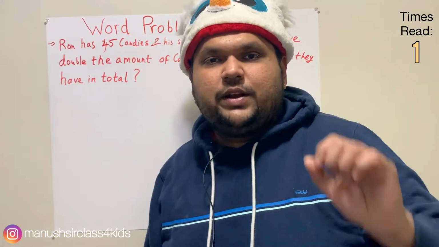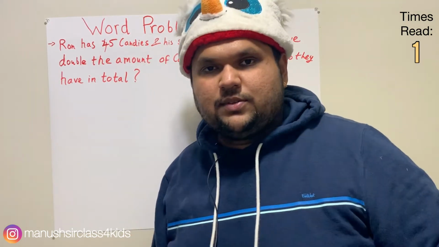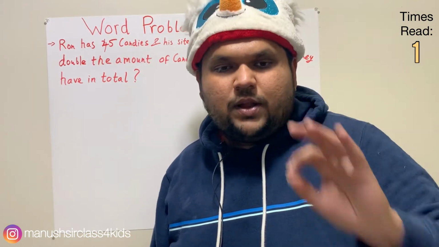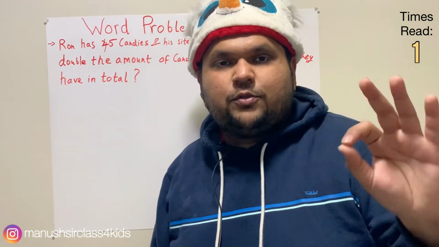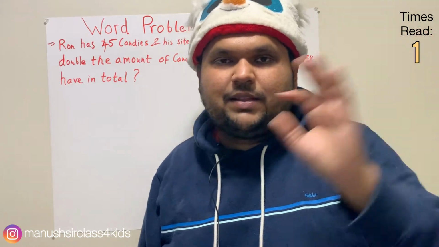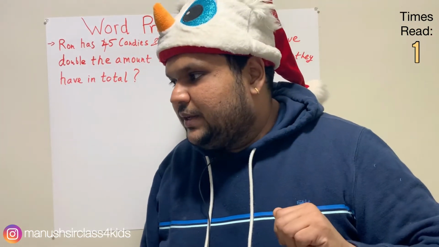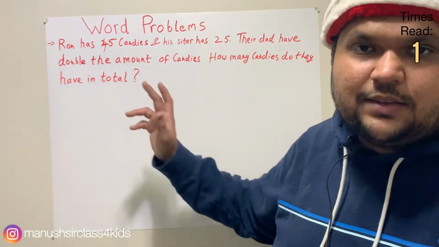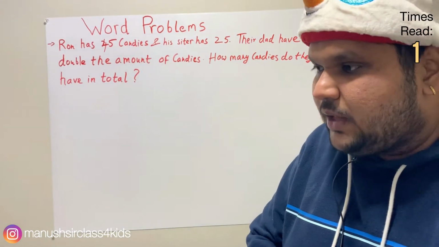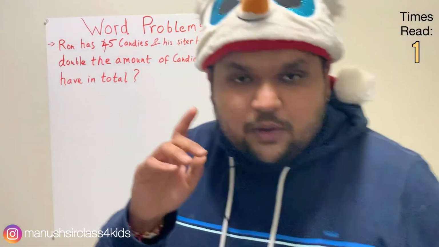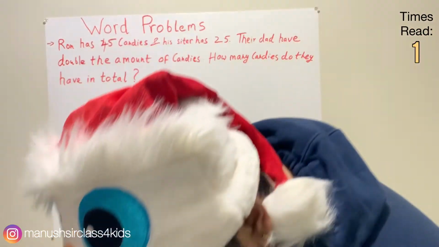Yes, you have to read the question at least a minimum of 5 times with patience, and I swear to God that if you are able to do that, the answer is there and only there. You just need to read the question 5 times. As we tackle this question, look how many times I read the entire question. So the first time I have read the question in front of you.